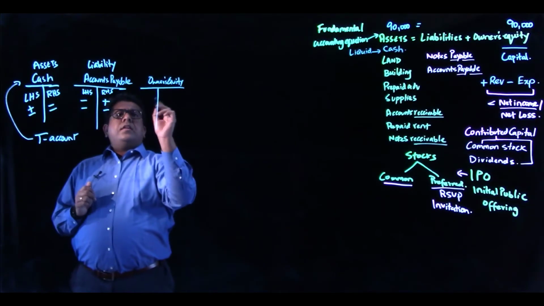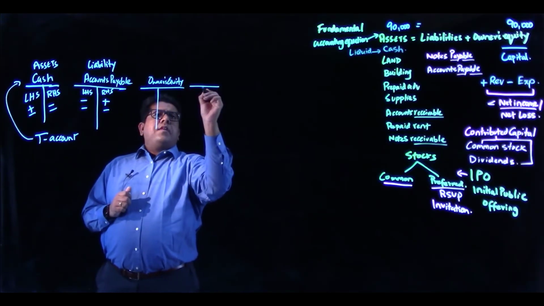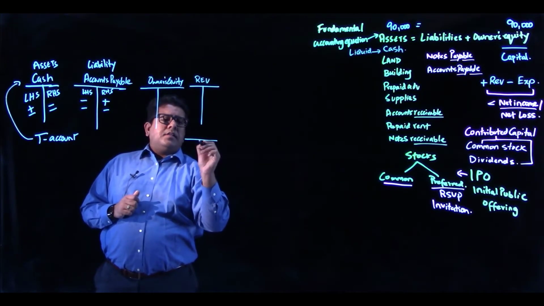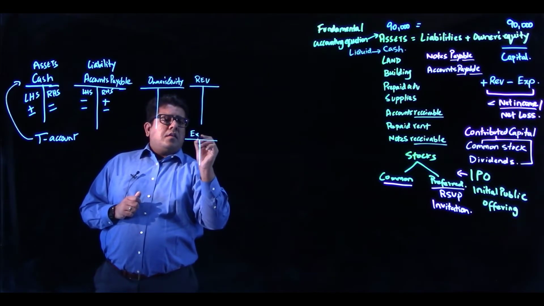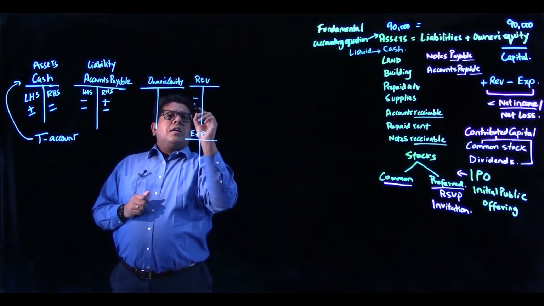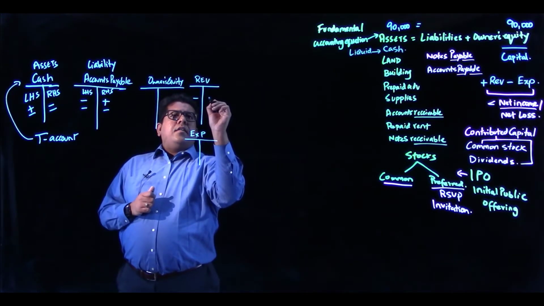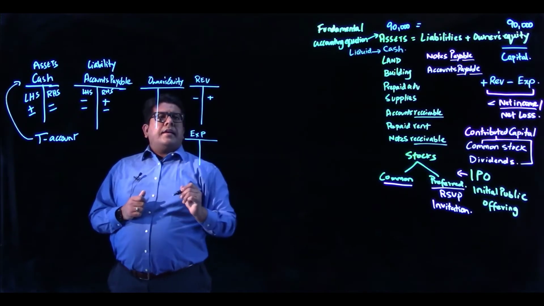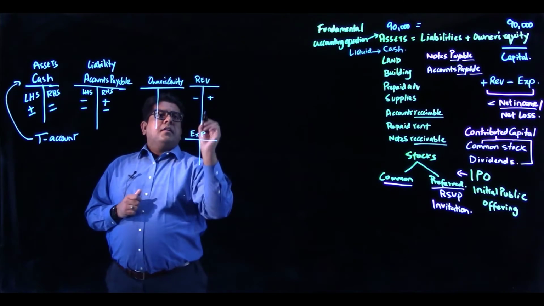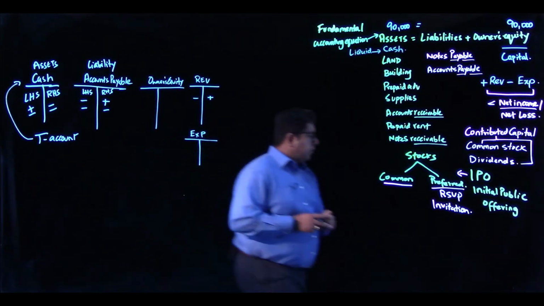So the owner's equity on the left-hand side always has revenue. Should have revenue and expenses. Revenue goes down on the left-hand side and goes up on the right-hand side. Expenses, actually it's the other way around.